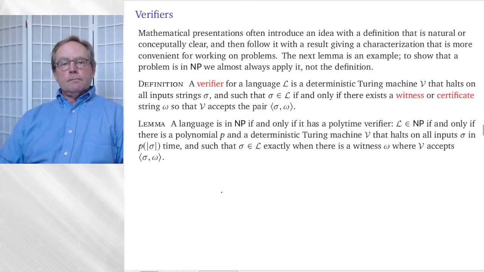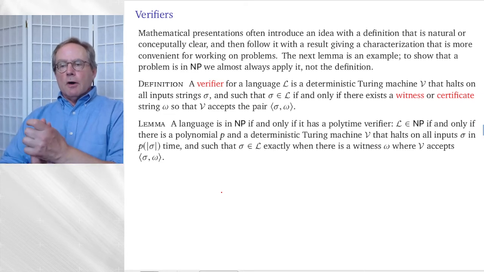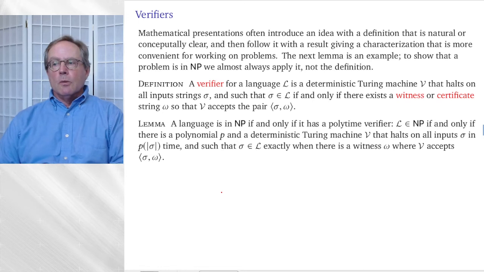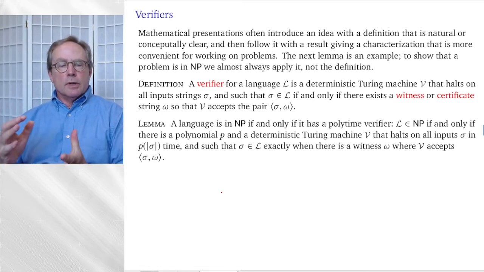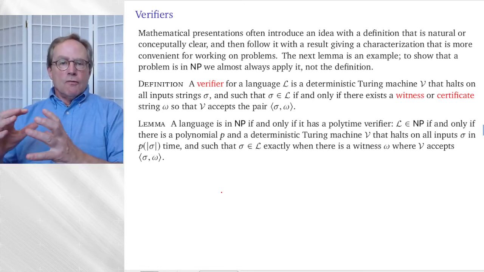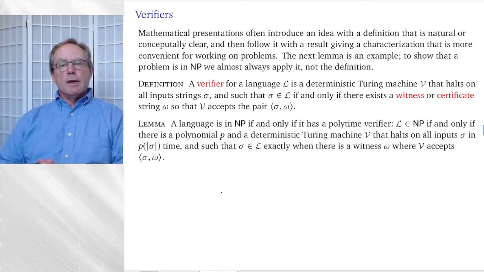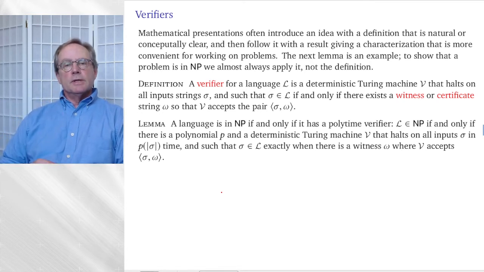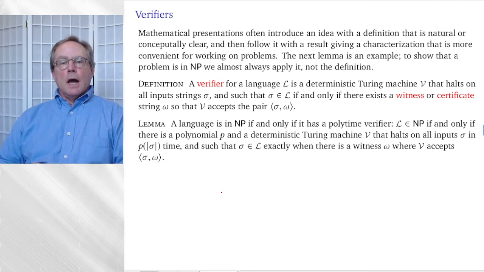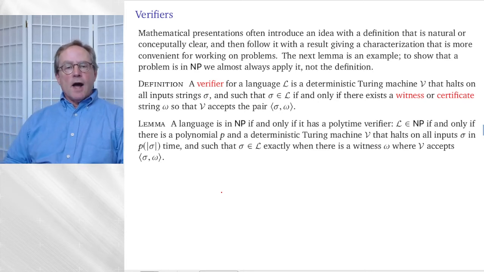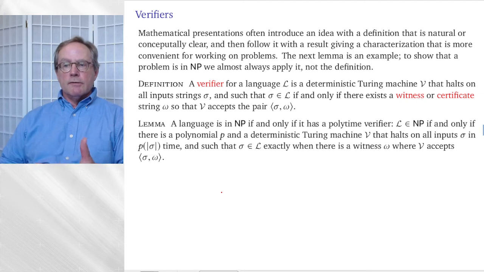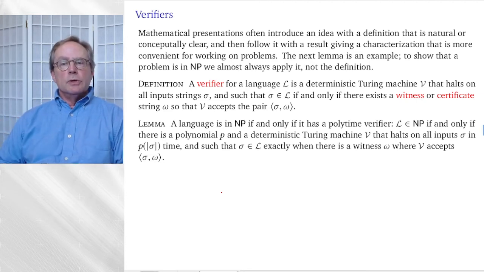Okay. Last thing for this video: mathematical presentations often introduce an idea with a definition that's natural or conceptually clear, or at least fits together in a sensible way that you can motivate carefully, like the motivation we gave before the definition of non-deterministic Turing machine. And then they often follow that with a result giving a characterization that's more convenient for actually doing problems.